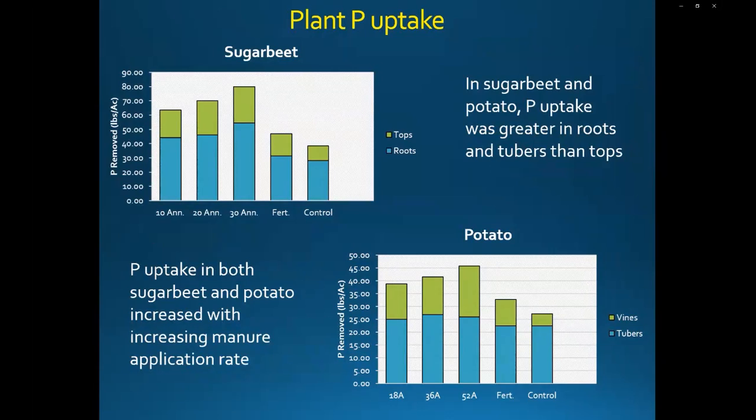And in both crops this time, there was increasing phosphorus uptake with increasing manure application rate, although this was a little bit greater in the sugar beets than in the potatoes. So phosphorus uptake between the fertilizer treatment and the highest manure treatment in the sugar beet was 71%. And in the potatoes, there was a 40% increase between the fertilizer and the highest manure application treatment.